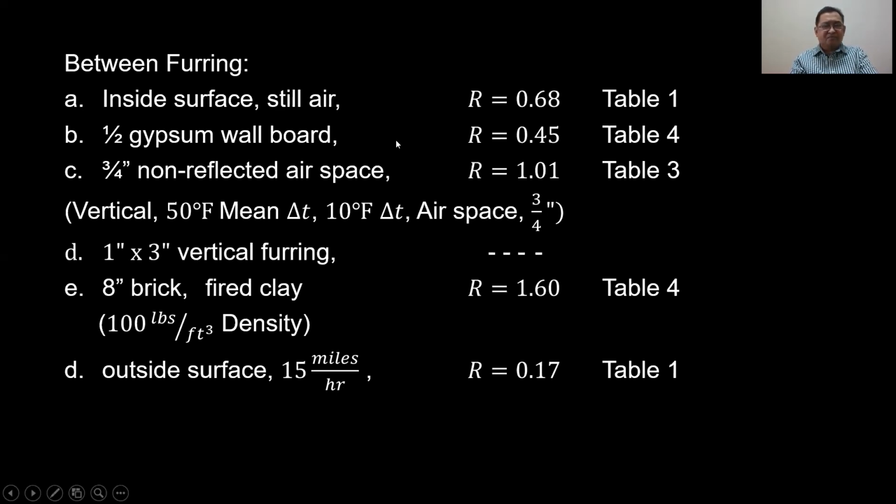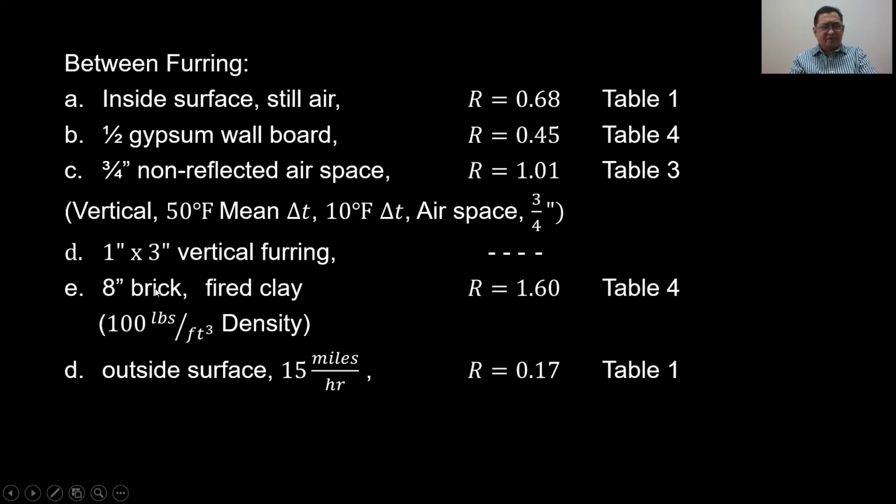Now let us go to the calculation between the furring. Inside surface still air, the same, 0.68 in table 1. 1/2 gypsum wallboard, the same, 0.45. Non-reflective airspace is 1.01 from table 3. And 1x3 vertical furring, we neglected because there is no furring actually.